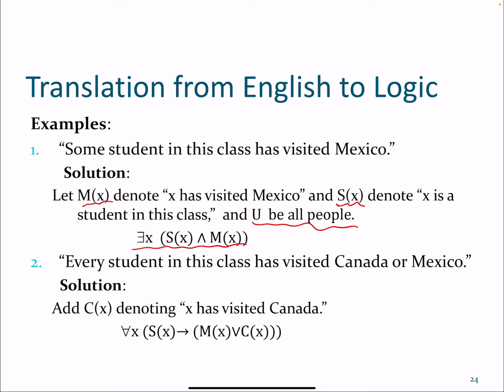For the second example, every student in this class has visited Canada or Mexico. Here Cx denotes x has visited Canada. So this sentence becomes for all x, where x is a person, if x is a student in this class, then Mx, x visited Mexico, or Cx, x visited Canada.